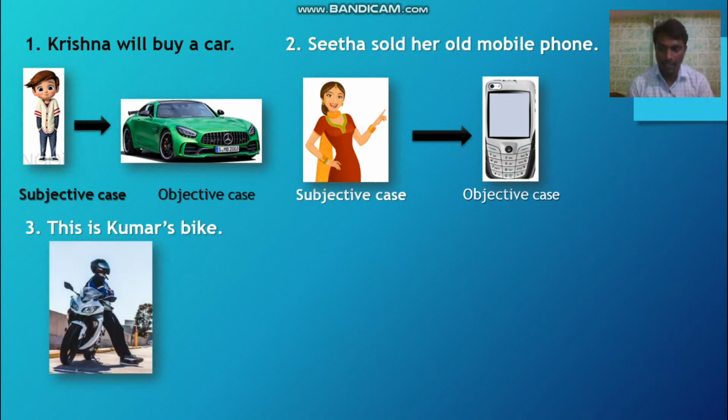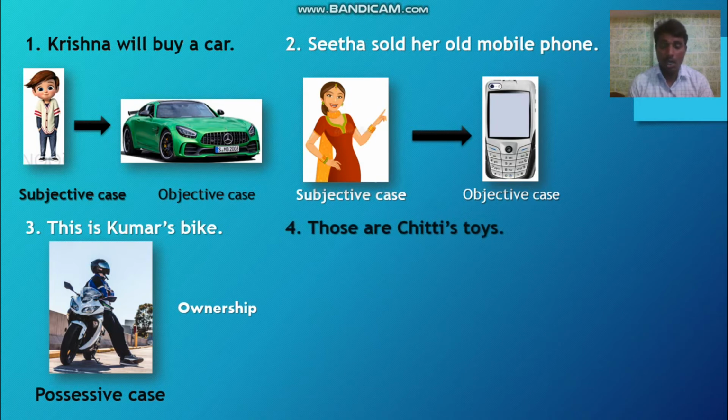So Kumar is in the possessive case. So possessive case always shows ownership of somebody. Let us see the next sentence also, that is, those are Chitty's toys.